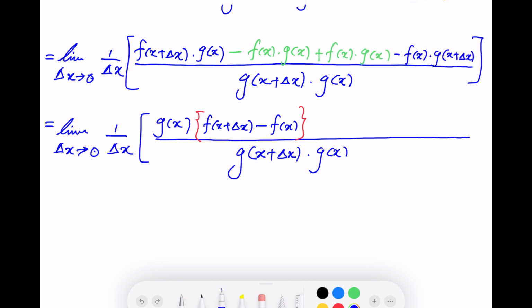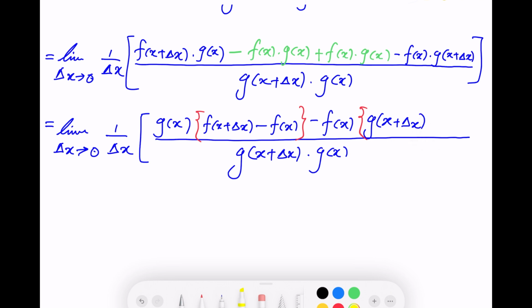From those last two terms, when I factor out a minus f of x, let me go ahead and open brackets. I will look at this last term first. That last term has a minus f of x times g of x plus delta x. Minus f of x is already factored out. Therefore, I'm going to write it as just positive g of x plus delta x. Therefore, this first term becomes g of x plus delta x.